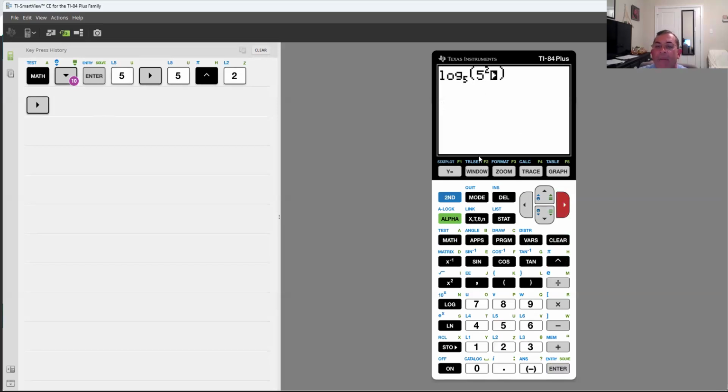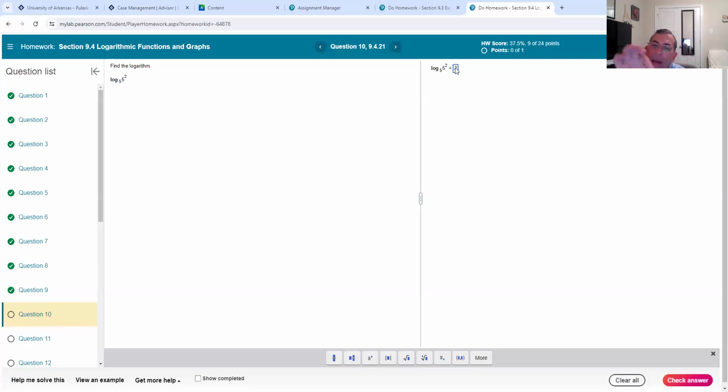So log base 5 of 5 to the second, when I hit enter, equals 2. So if the base of the logarithm matches the base raised to an exponent of the result, then the answer is always that result.